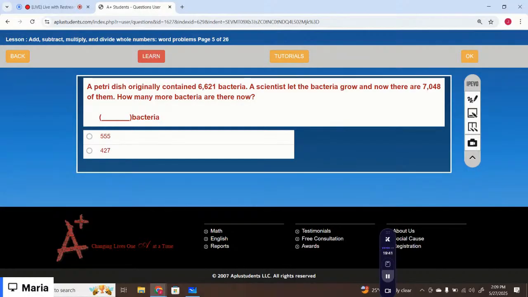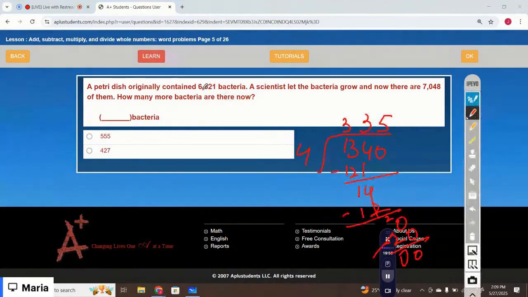A petri dish originally contained 6,621 bacteria. A scientist let the bacteria grow and now there are 7,048 of them. How many more bacteria are there now? Earlier there were 6,621 and now there are 7,048.